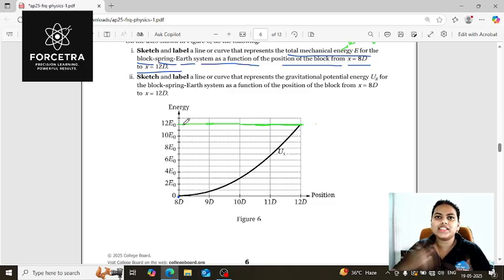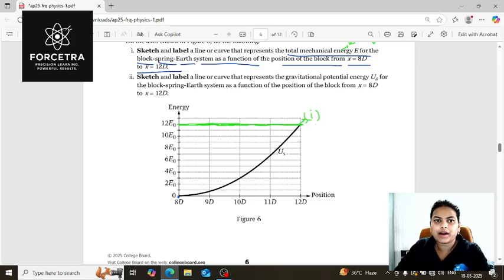The energy is converting from kinetic to elastic, but there is no change in the total mechanical energy. It would be constant, it would be conserved. So it is a straight line. This is for the first part.